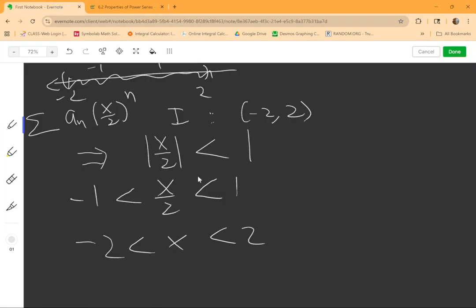So that's how we combine power series and how we determine the new interval of convergence for those power series.